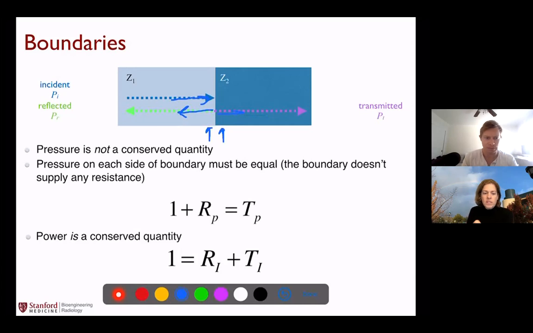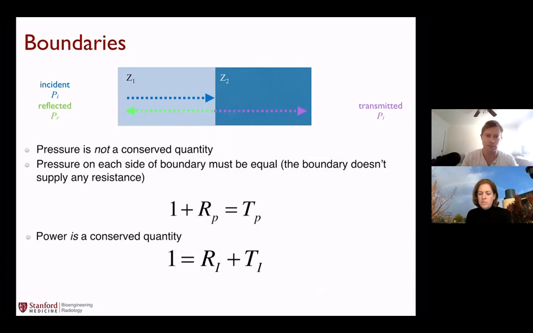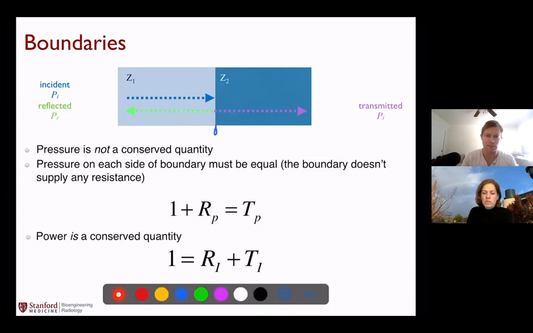So let's say our incident pressure is 1, then the reflected fraction plus 1 is equal to the transmitted fraction. So that's going to be something we're going to have to think about a little bit and make sure that we understand that. And again, it's because the boundary doesn't supply any resistance. And so if it's going to be in equilibrium, the pressure on this side is going to be equal to the pressure on that side.